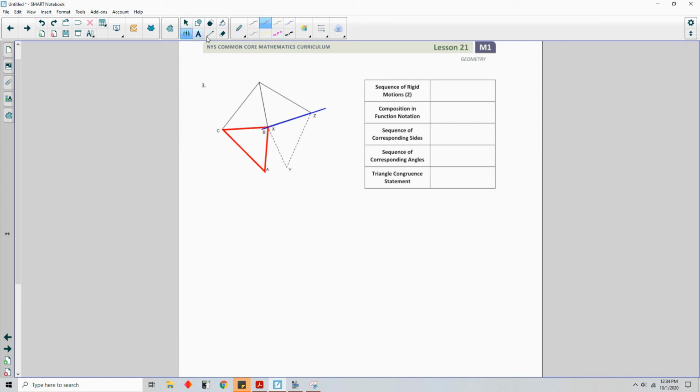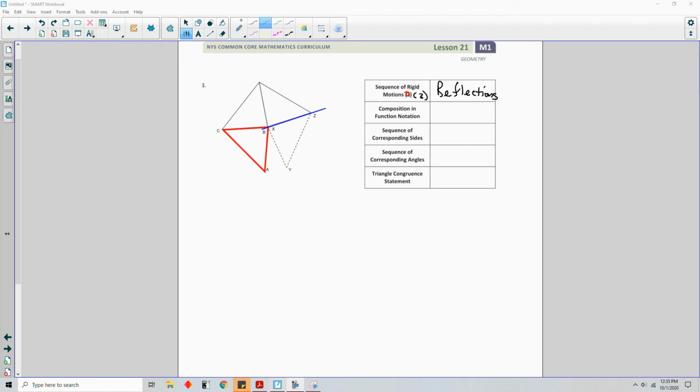So again, a misprint. This is not 2. Sequence of rigid motion, it is 3. And they are all reflections. Composition and function notation.